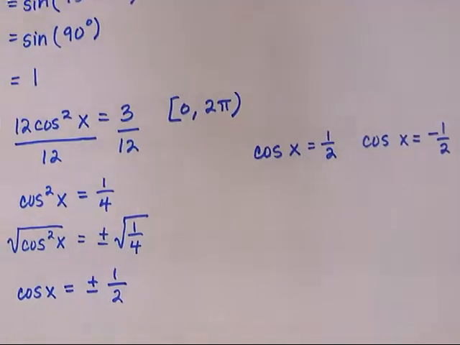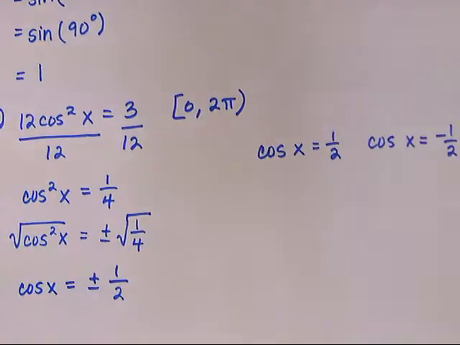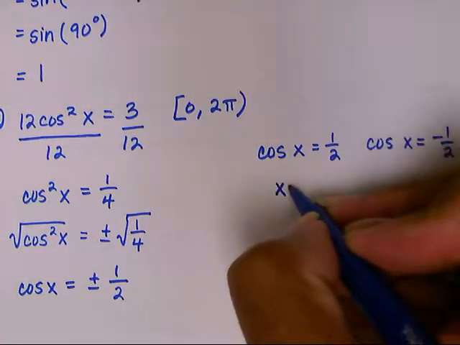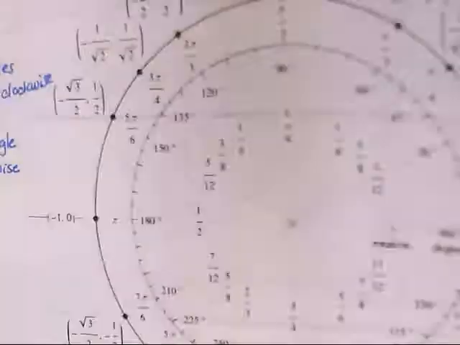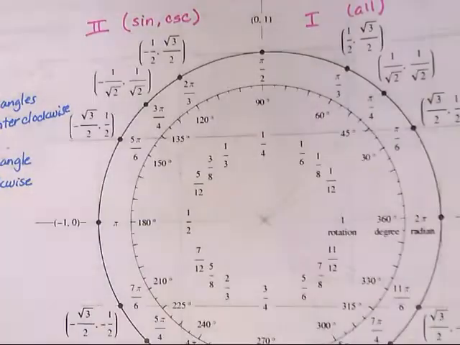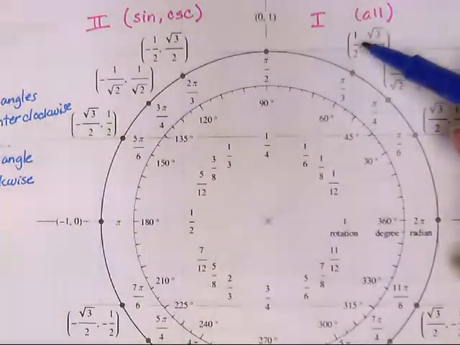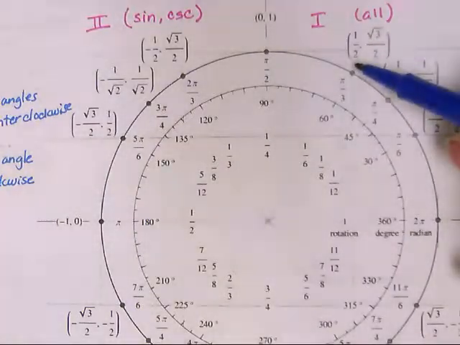So now I need to find out what values of x where the cosine of x will give me an answer of 1/2. Well, the cosine is going to be the x-coordinate, which is going to be the 1/2.